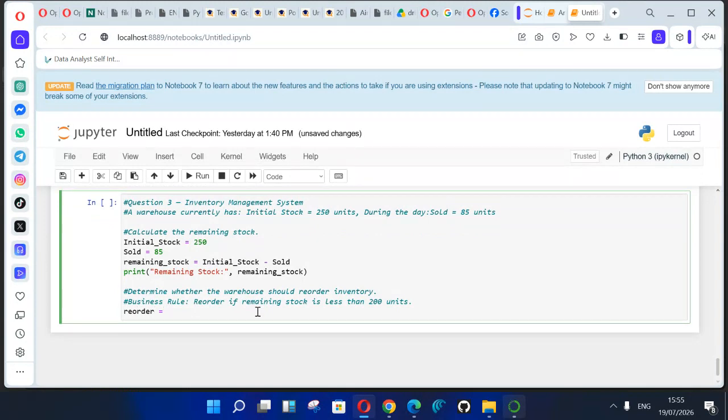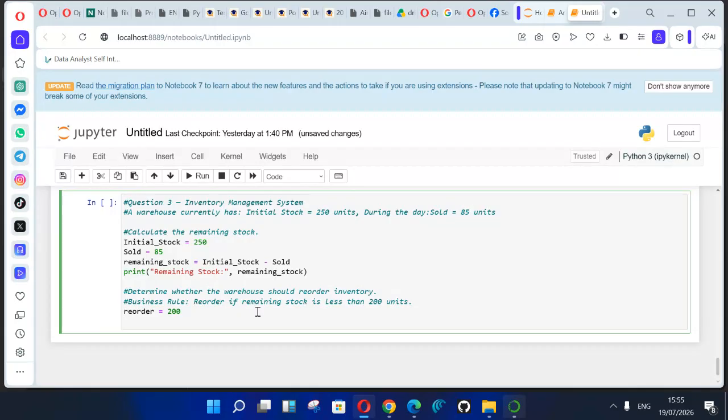Reorder is equals to 200. So now we will say print reorder needed.